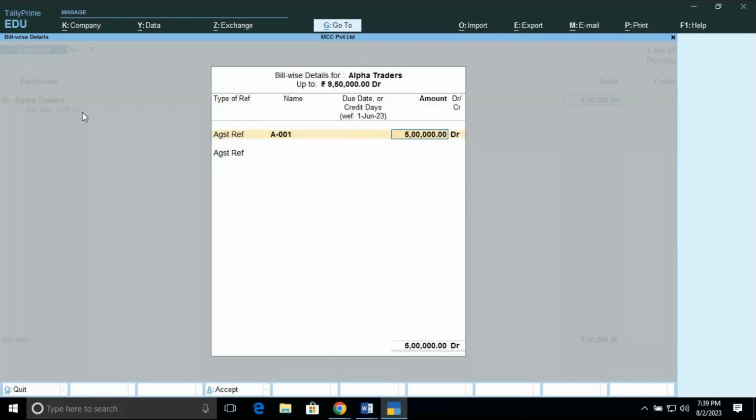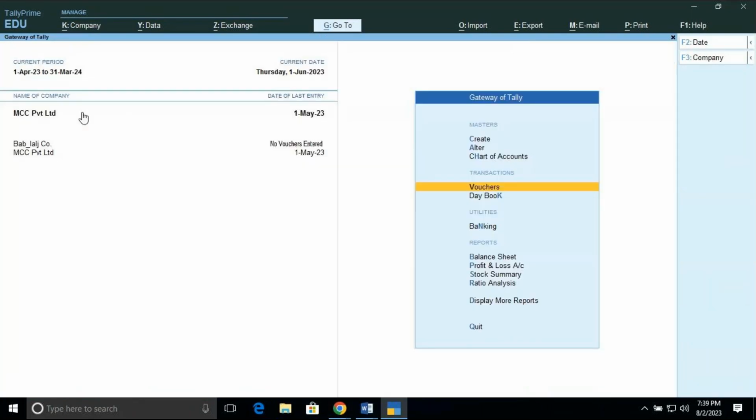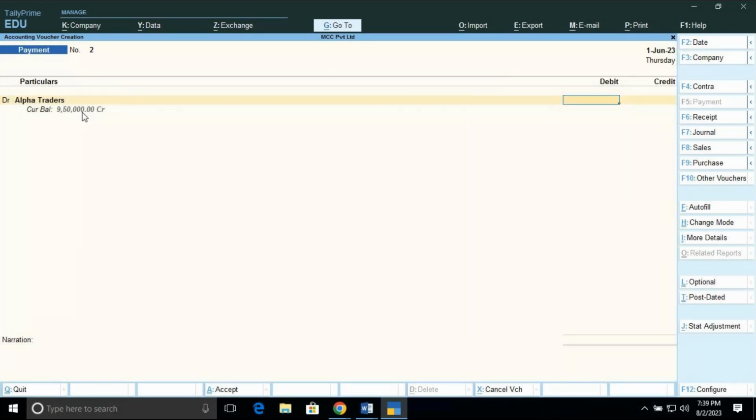Against reference. Here you have to give 5 lakh. We are supposed to give 9 lakh 50 to Alpha, but I'm making a part payment. I convinced him, please accept 5 lakh. So I'll give 5 lakh here.